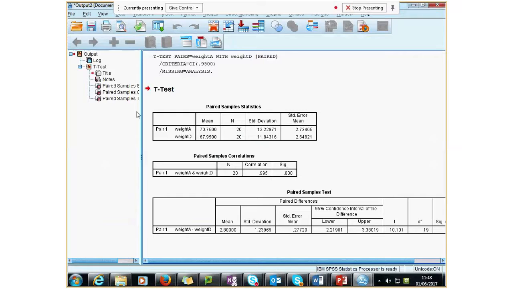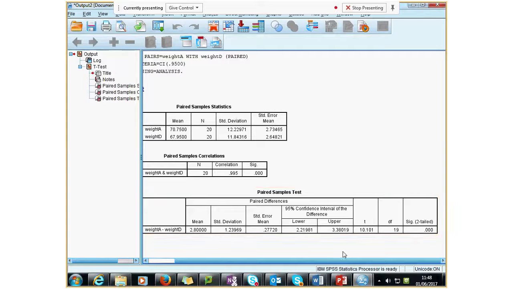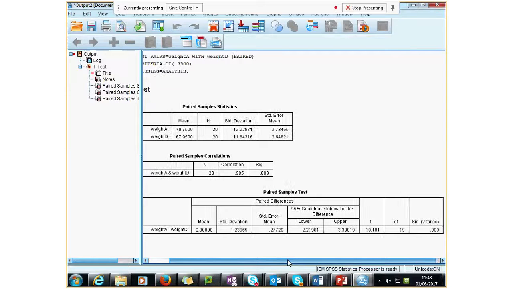Okay, and what have we got coming out of this? Again, we've got the total number of individuals. We've got means and standard deviations if we want this. This is on weight now. And we're looking down to the t-test at the bottom there.